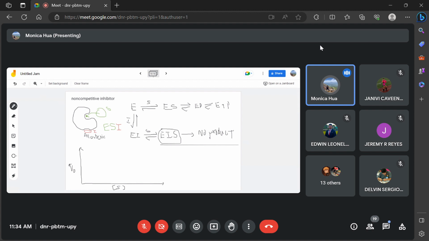But when it binds to the enzyme, no reaction occurs. So no matter how much substrate you feed it, it will not produce a product. Therefore, this reaction cannot reach Vmax. It won't be able to reach Vmax.